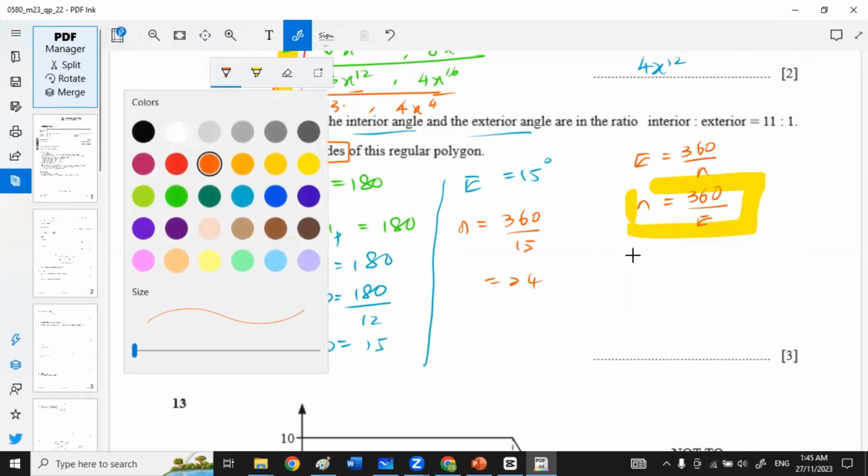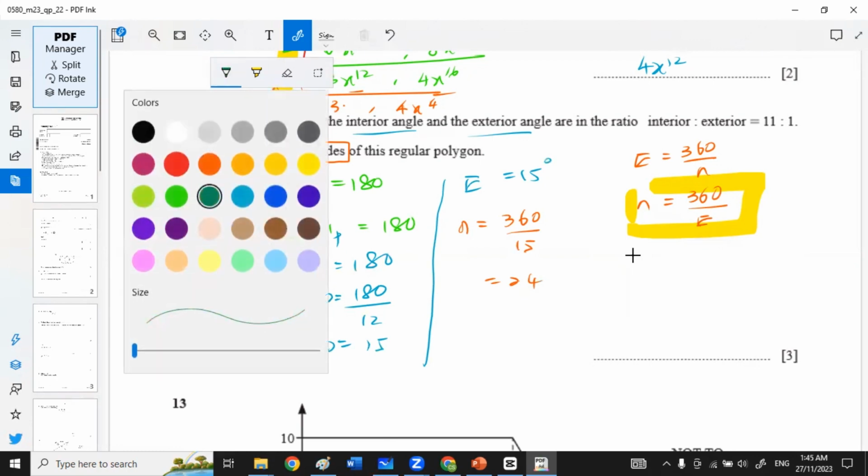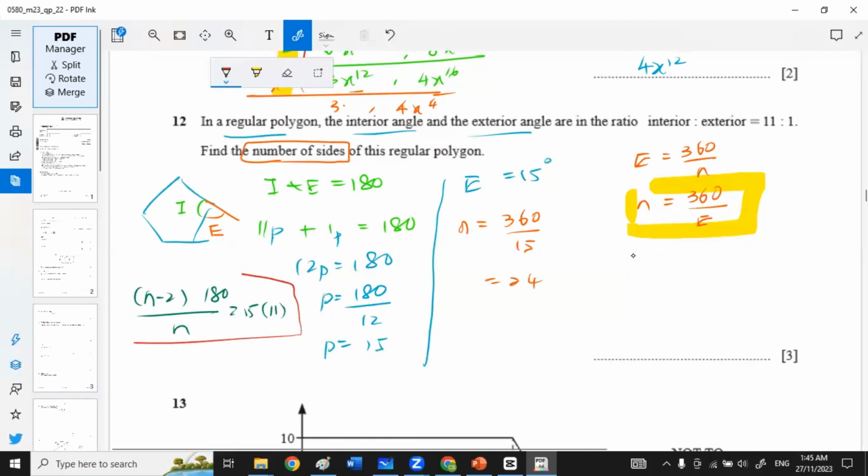If you want to use the interior angle formula, which is (n minus 2) times 180 over n, that should equal 15 times 11. You can solve this, you should get the same answer. I'm not going to solve this, it's a waste of time.